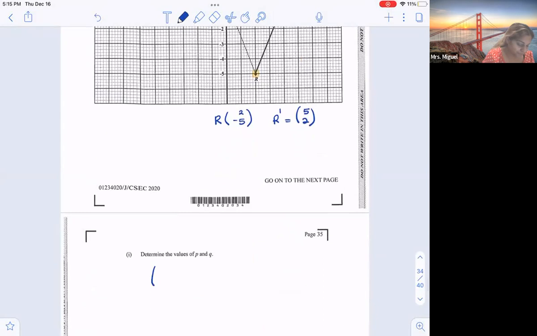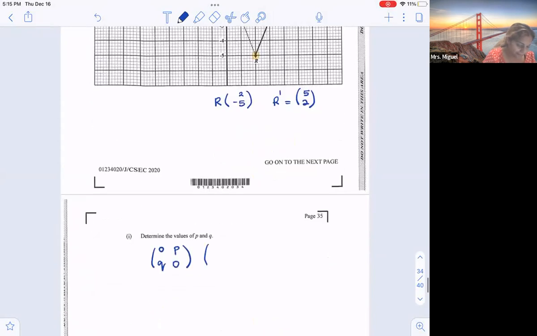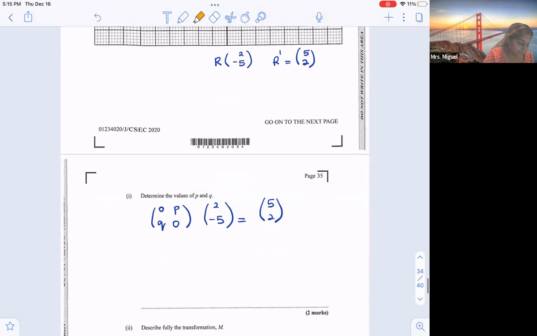When we have this matrix 0, P, Q, 0 and we multiply it by 2, minus 5, we will get 5, 2. So watch this: one must be positive and one must be negative. That is how it is.